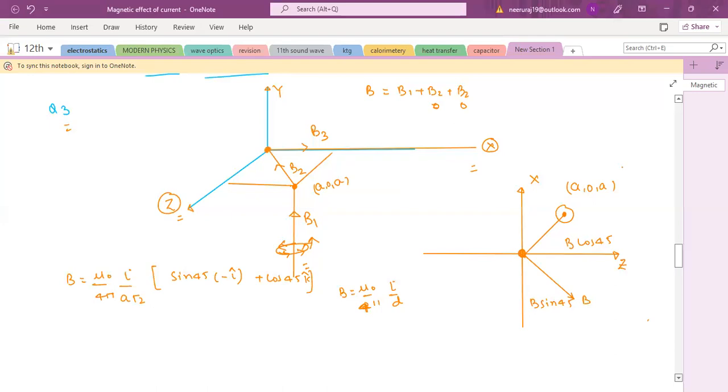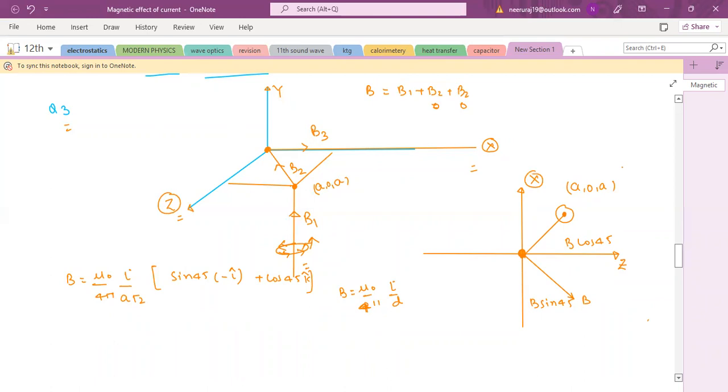So better to draw xz. So what I have done, I have drawn xz. Okay, this is x, z, and this is the y. Okay, so this is the y-axis. Now, बच्चों, first point is draw the wire. Now your wire coordinate is (a, 0, a), and remaining wire is parallel to negative y-axis.